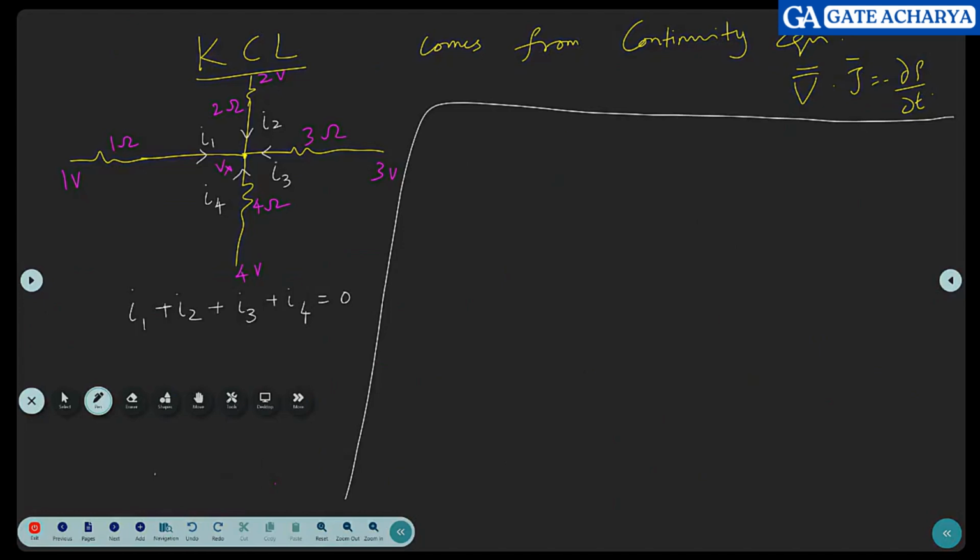Can you write KCL at node Vx and find Vx? The question is find Vx. The moment you see this, you should be writing KCL to find Vx. Can you write a KCL at node Vx?